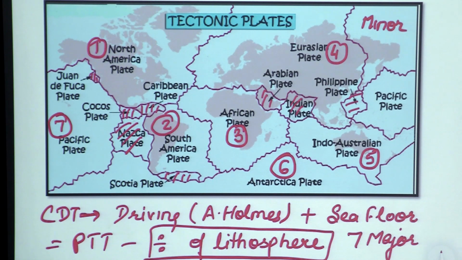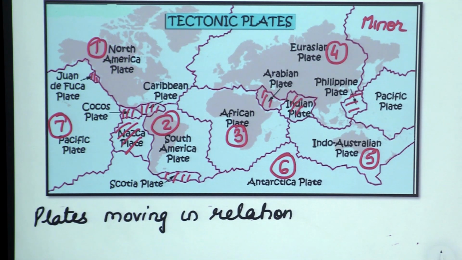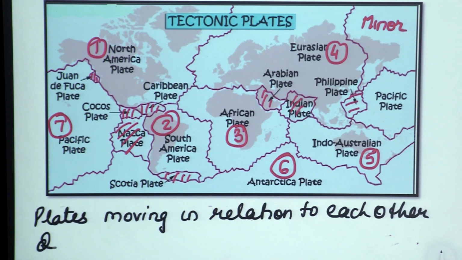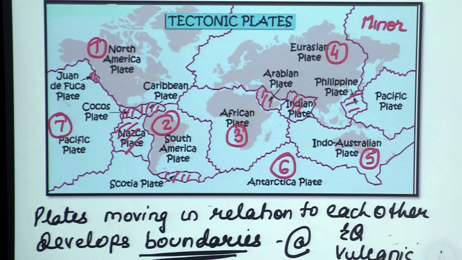So the benefit that I get from plate tectonic theory is plates moving in relation to each other develops boundaries. And at boundaries, you will have earthquake, volcanism, and mountain building.